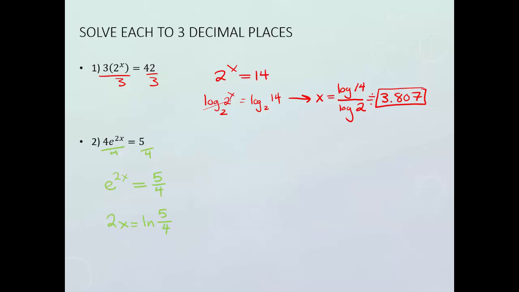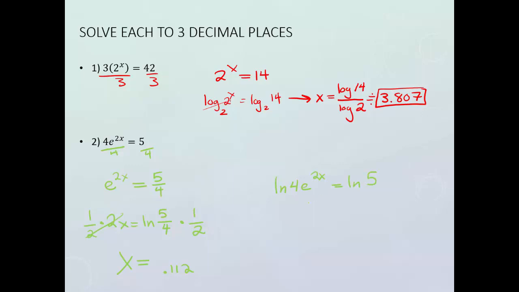And then I'm going to divide by 2 or multiply by 1/2. Dividing by 2 seems a little bit cumbersome. So after we do the ln of 5/4, we take half of it. These cancel, and we get a value of x equaling 0.112.